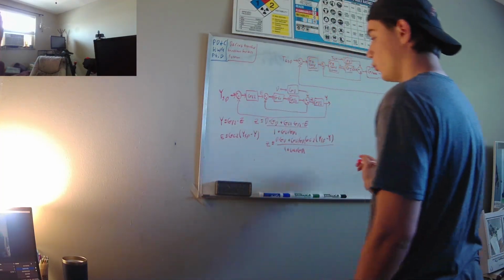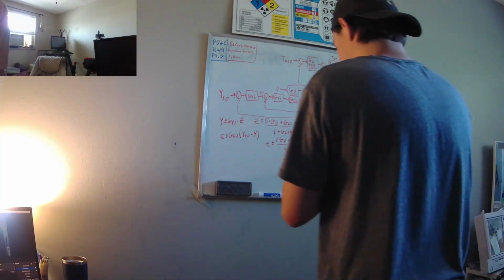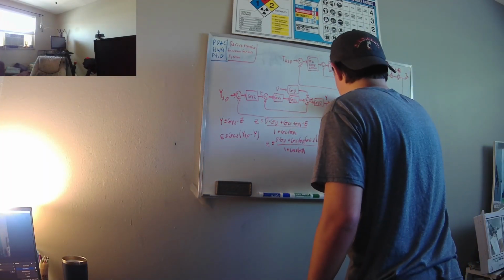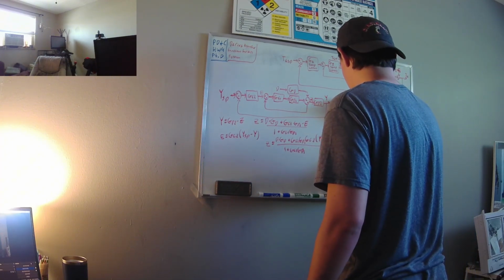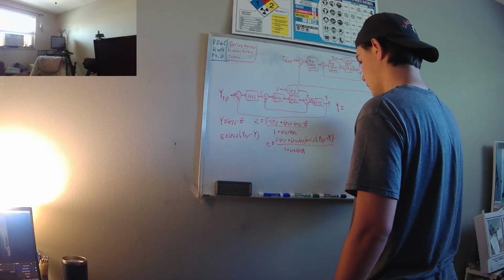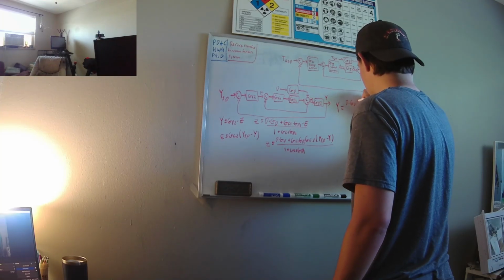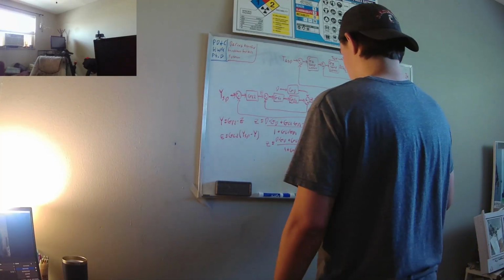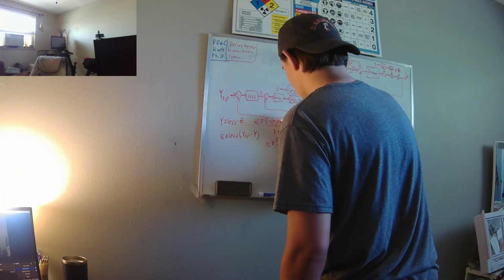If we sub this into our original expression here, what we get is that our Y has got to equal our D times our GD times our GP2 and GC2.